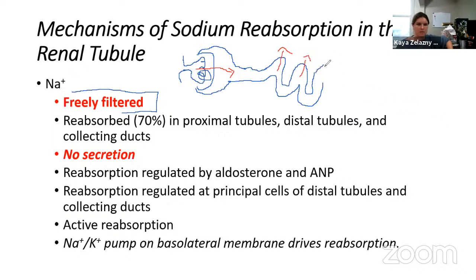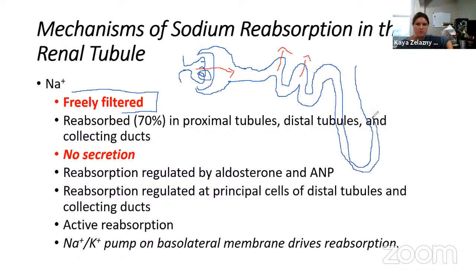We go into our loop of Henle. That's not specifically traced out on here, but I think it's worth doing. Sorry, I'm going to cover some of these words, but you have them on your PowerPoint, so that's okay. The thing we want to remember that's also happening here, right?